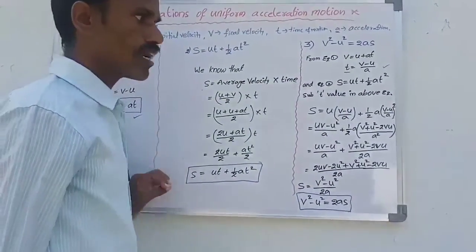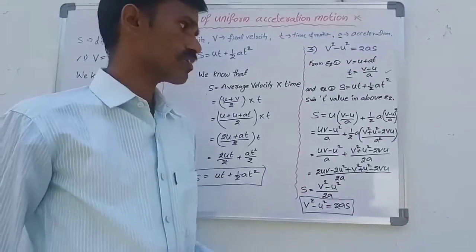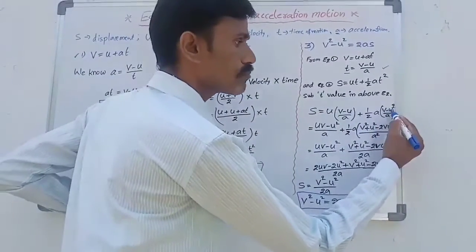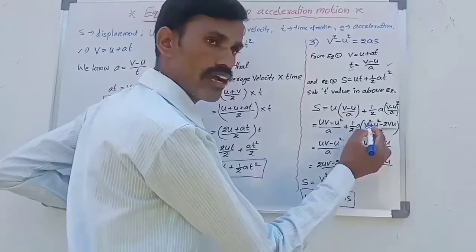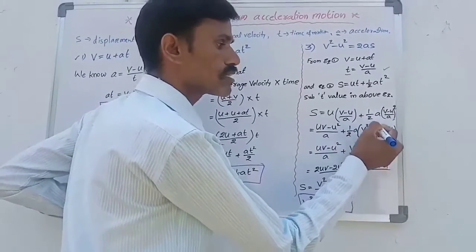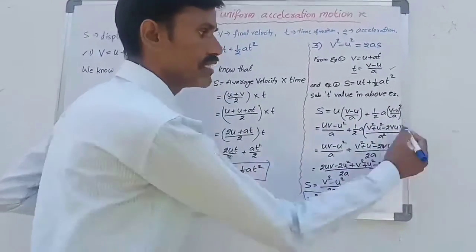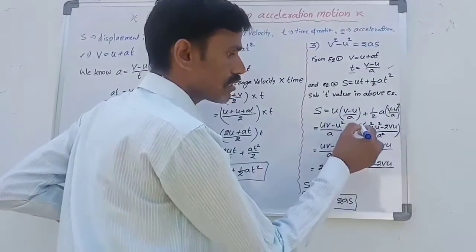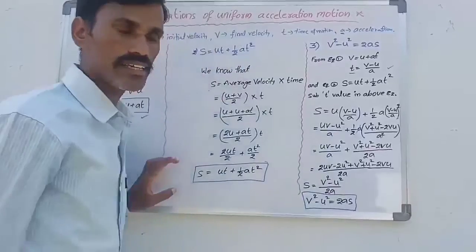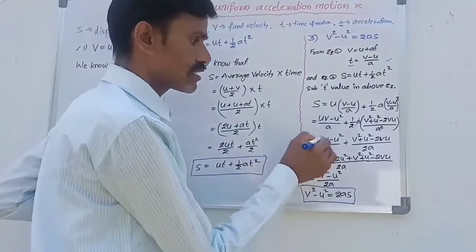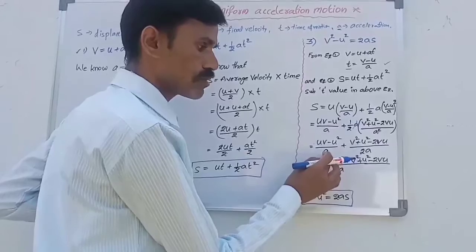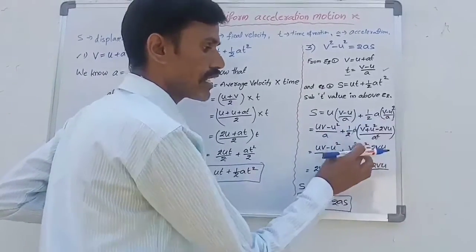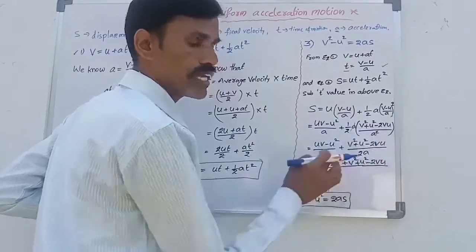We already know the algebraic identity (a - b)² = a² + b² - 2ab. So (v - u)² gives v² + u² - 2uv, all over a². Here one a cancels, and the remaining terms are (uv - u²)/a + (v² + u² - 2uv)/(2a).